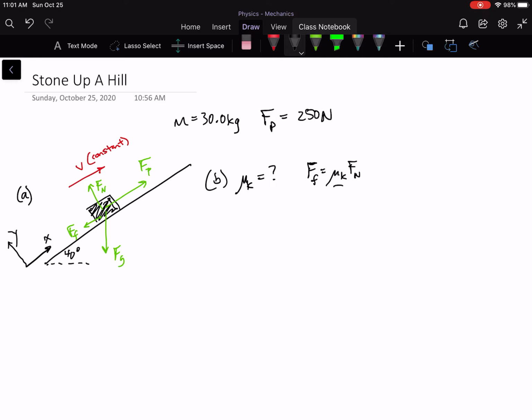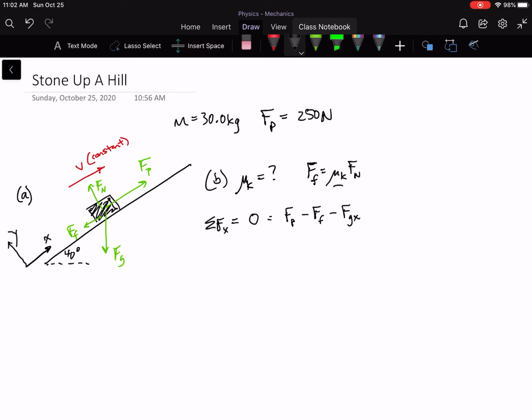When we do our sum of forces, the sum of all the forces in the x direction has to be 0 because v is constant, so acceleration is 0. We have the force of the pull up the incline, the force of friction down the incline, and the x component of gravity, also down the incline.